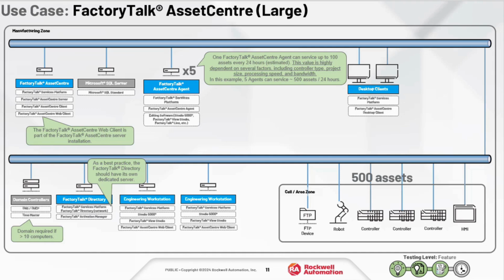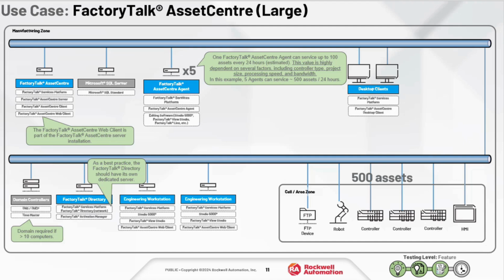So you can imagine if I'm trying to run an update on a FactoryTalk AssetCentre server, and I need to bring that down, but I also have my FactoryTalk directory that controls my entire plant on the same computer as well, which may be controlling different VUSE servers. If I need to shut down that AssetCentre server computer, I'm also in turn pulling down my directory, which is stopping me from doing any work across my plant floor.